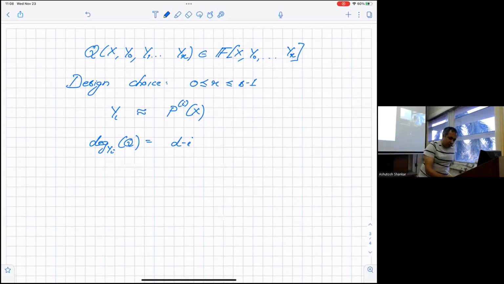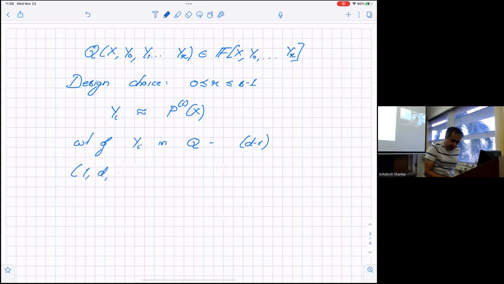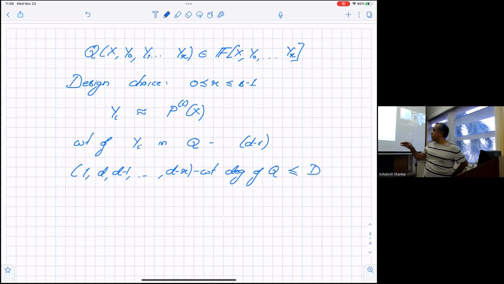No, sorry, this is not what I meant. What I want is to ensure that the weight of yi in Q should be d minus i. In other words, I must be looking at what I call the 1, d minus 1, d minus r weighted degree of Q, which should be less than or equal to d, because eventually in y naught I'm going to plug in p, and y1 I'm going to replace by p to the i.